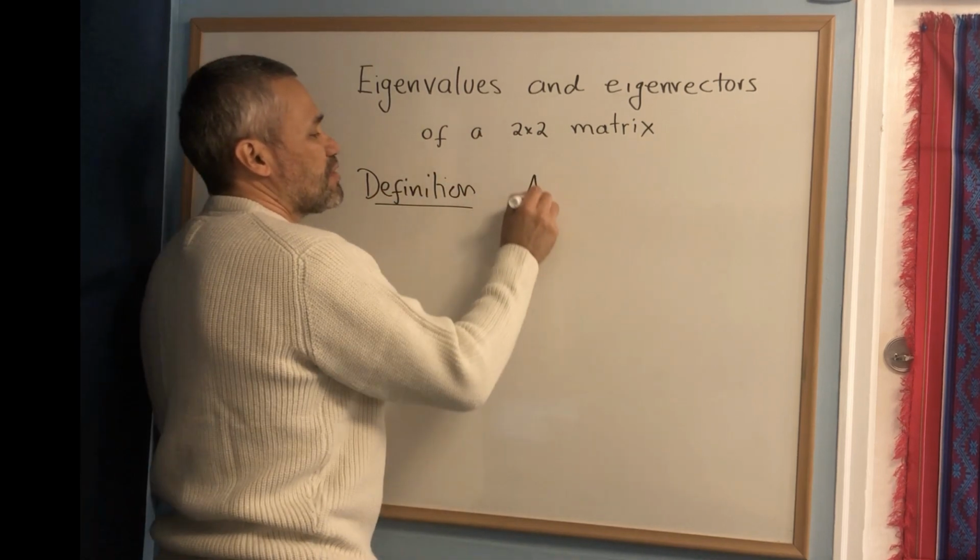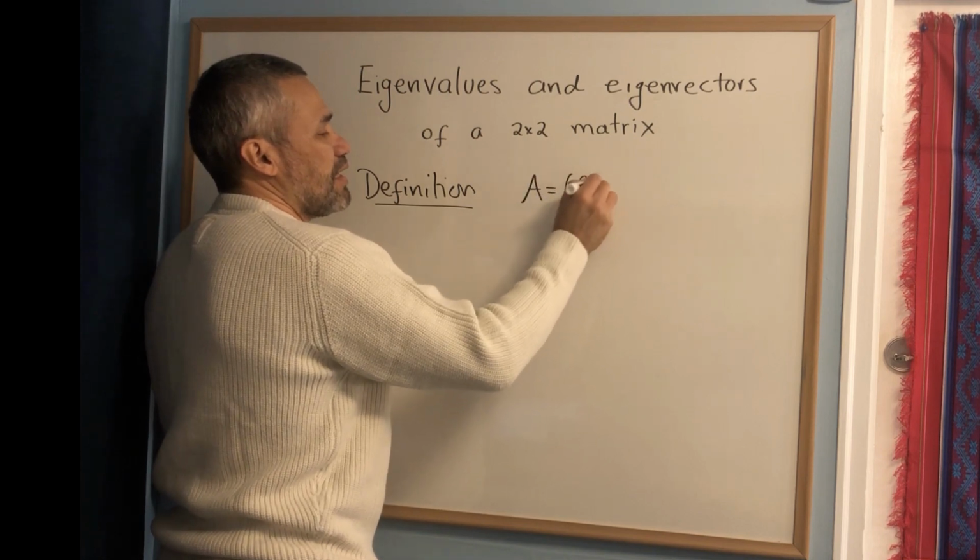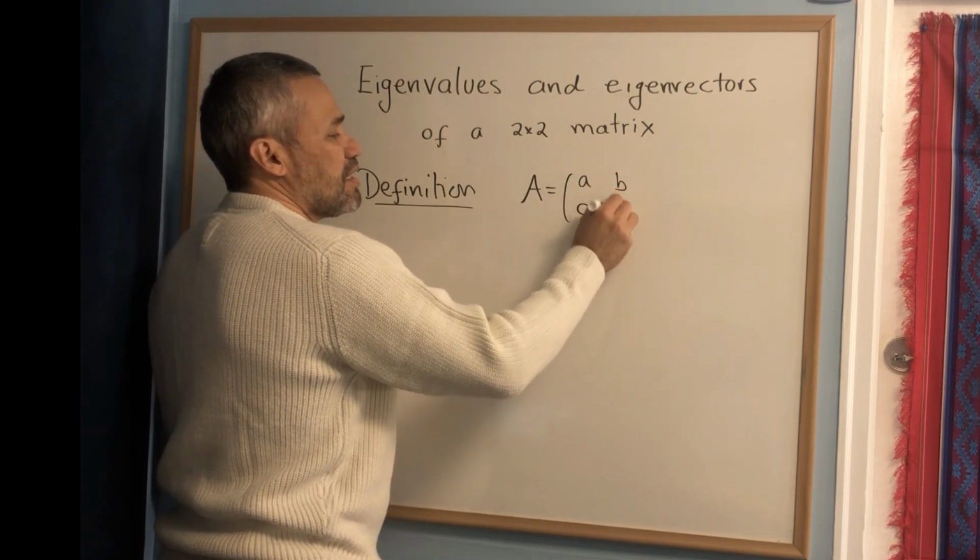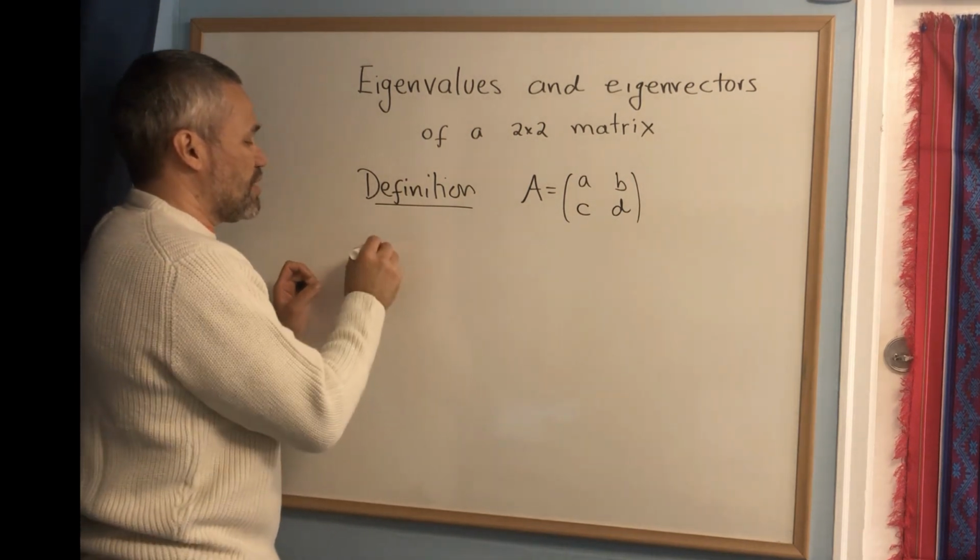If we have a 2 by 2 matrix, let's say A, B, C, and D, then we compute the trace.